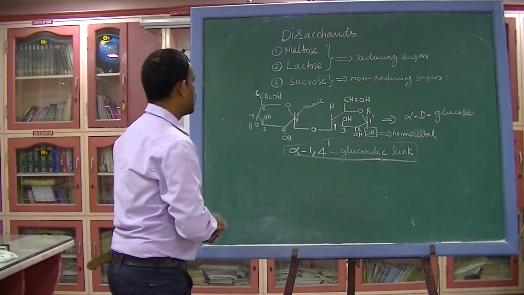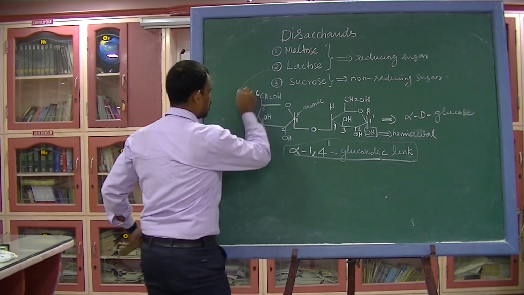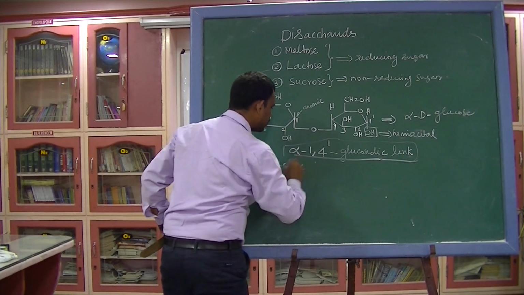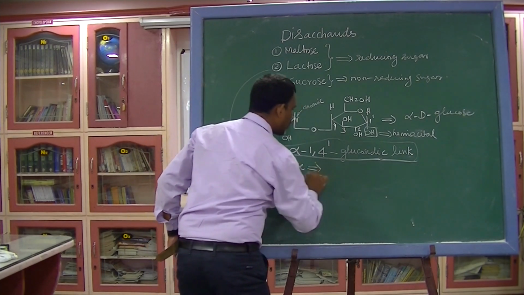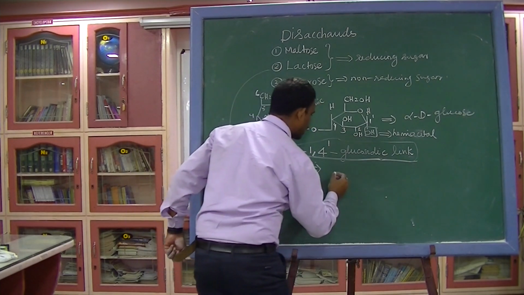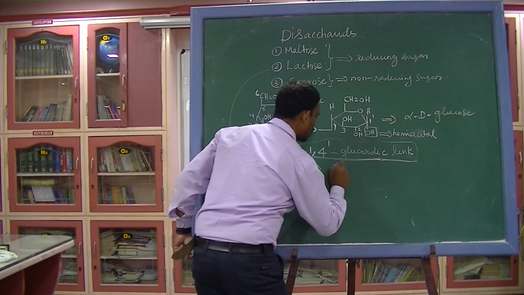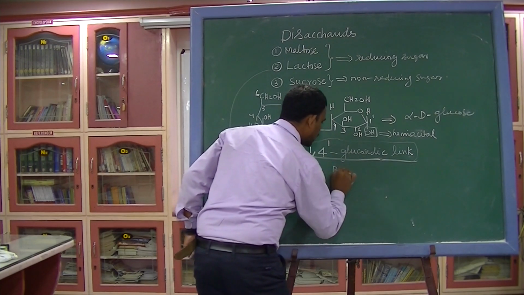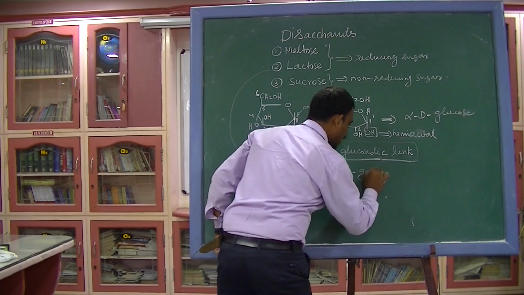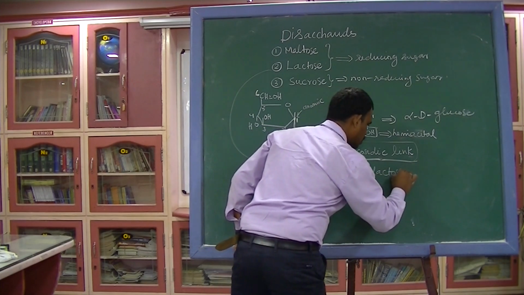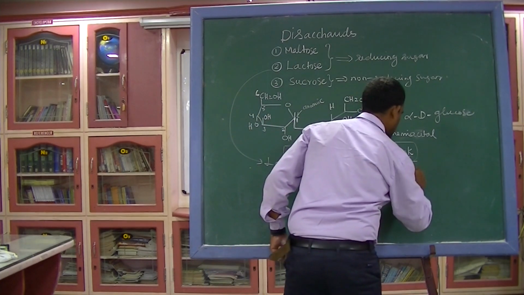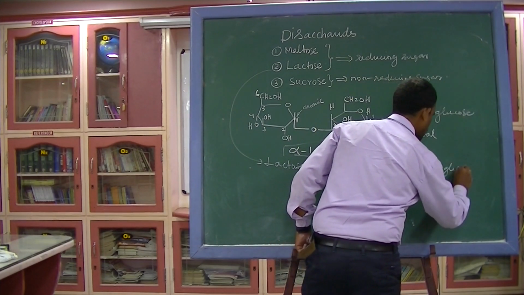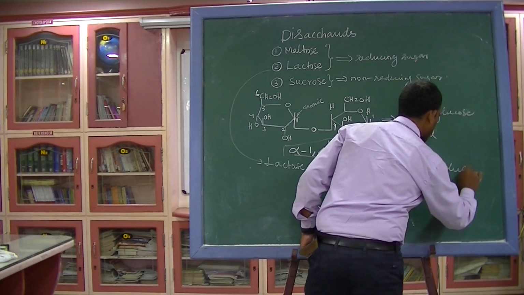Next we will see the structure of lactose. Lactose is again a disaccharide. It has two subunits connected through a glycosidic linkage. The subunits are beta D galactose plus beta D glucose.